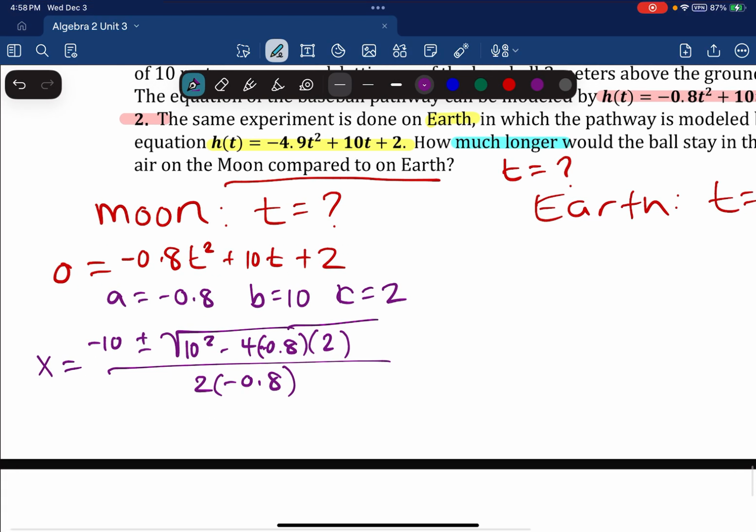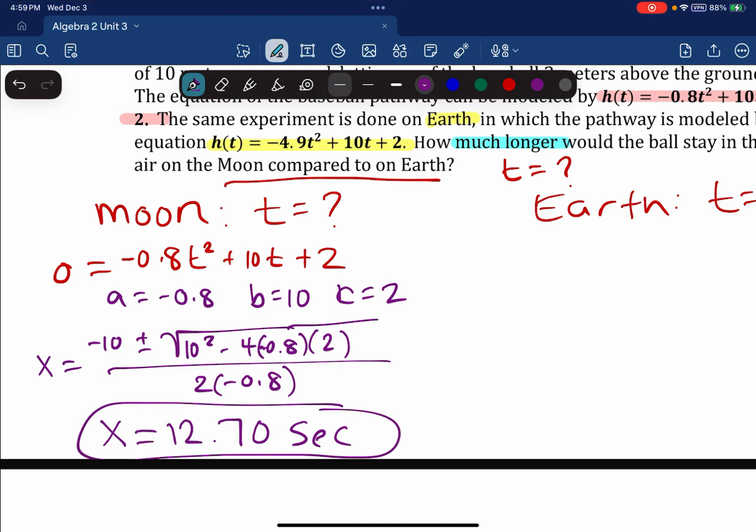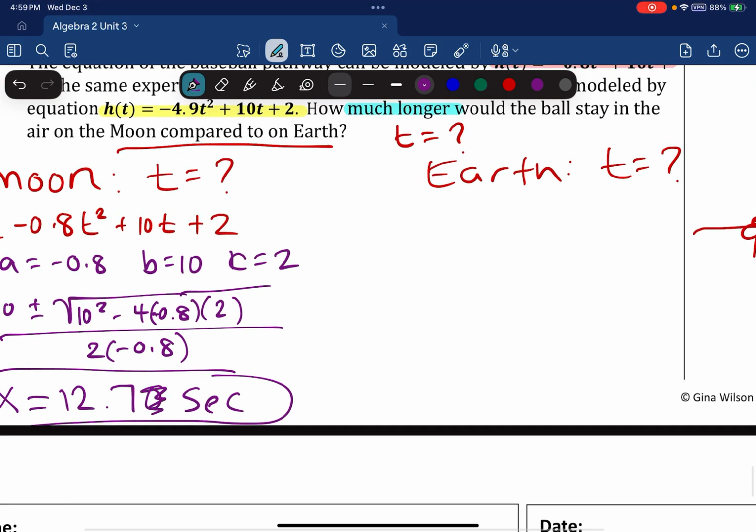When you calculate that, you're going to get 2 answers. Remember on a previous problem, I'm not going to have a negative amount of time. So I'm going to throw out the negative time, and I'm only going to have the positive time. So the ball was in the air for 12.7 seconds on the moon.